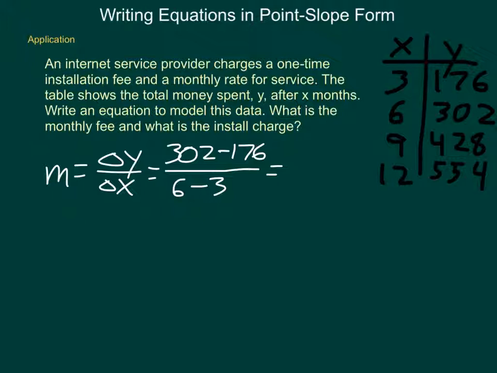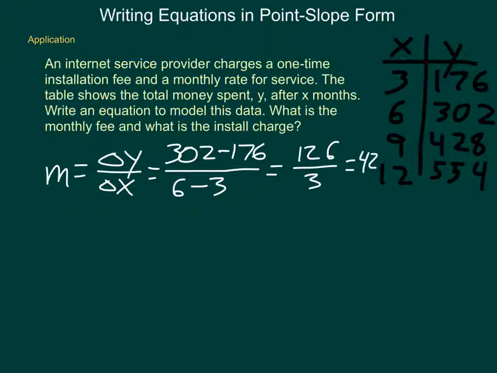So as I go through and compute this, I get my total change of y as being 126, and my total change of x as being 3.